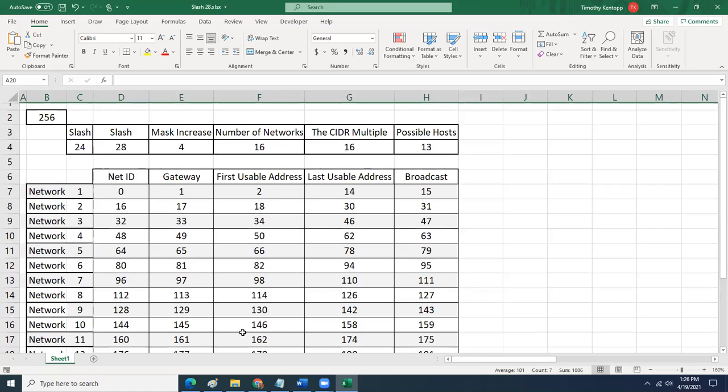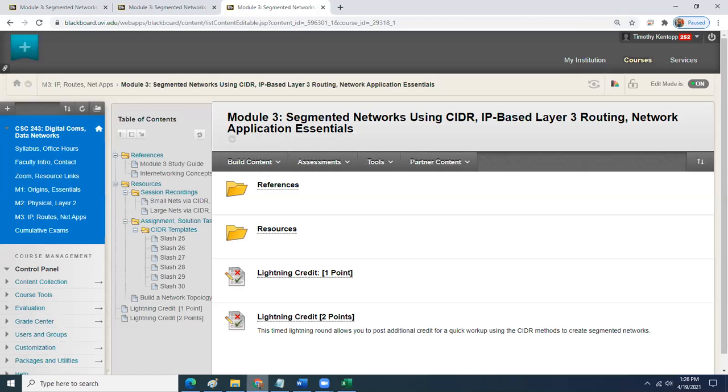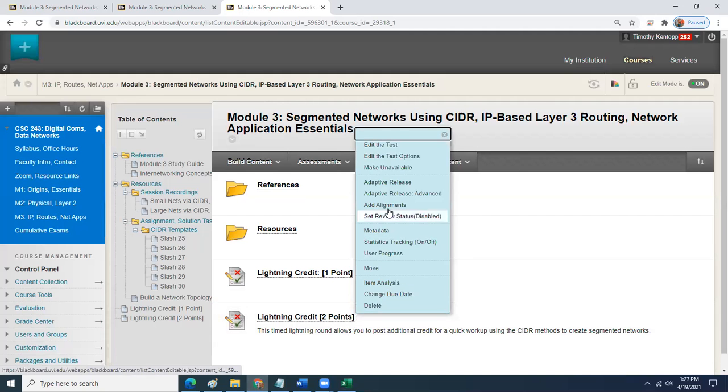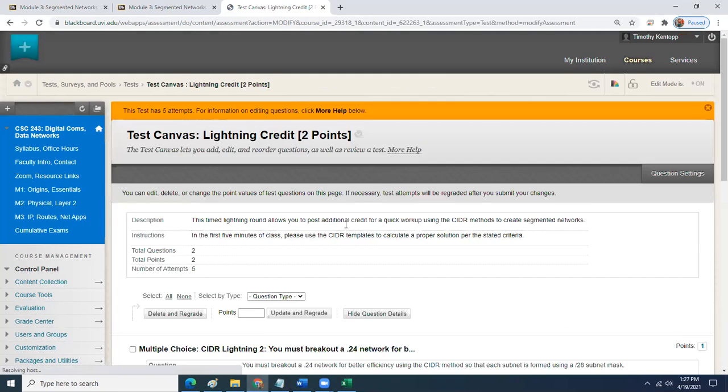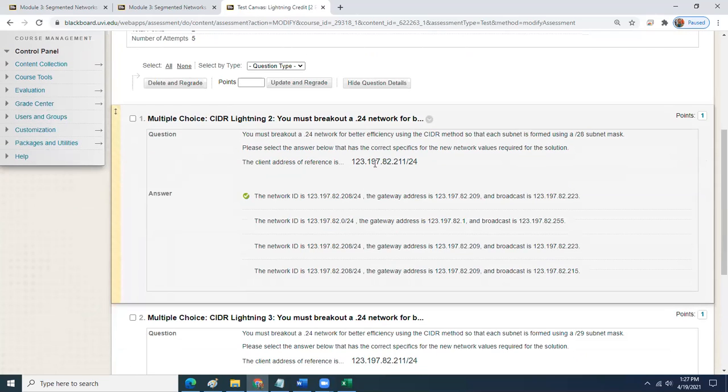How many other clients can that system see on the network before CIDR is performed, when it's just a /24? Well, let's think about it. Before CIDR is performed, we have 123.197.82.211, right?